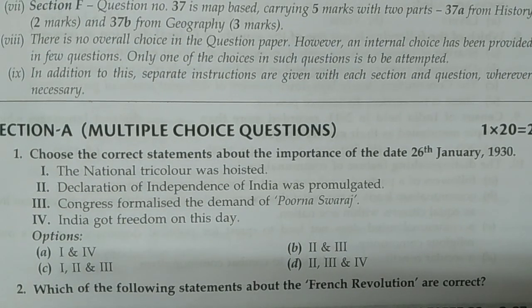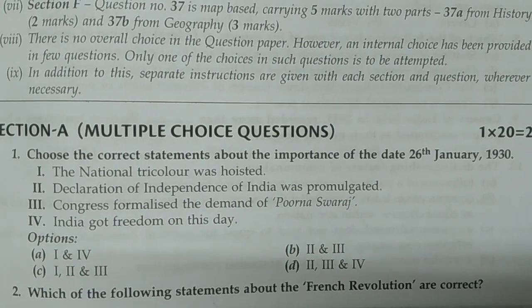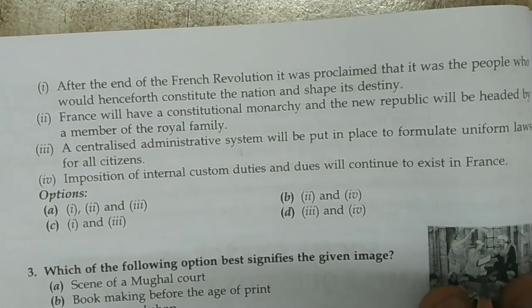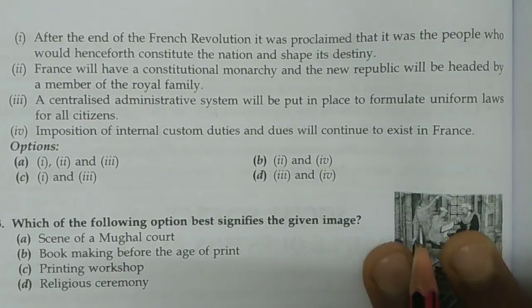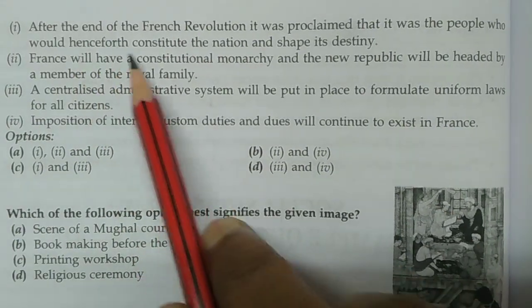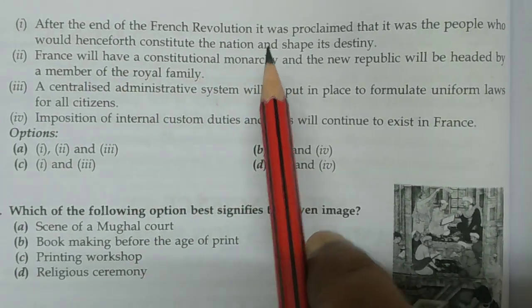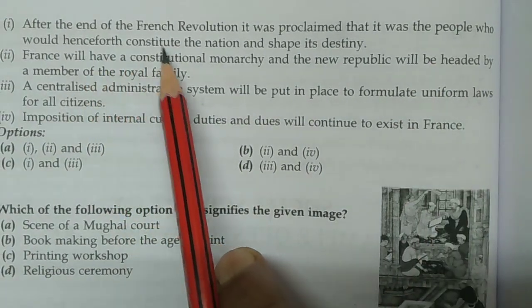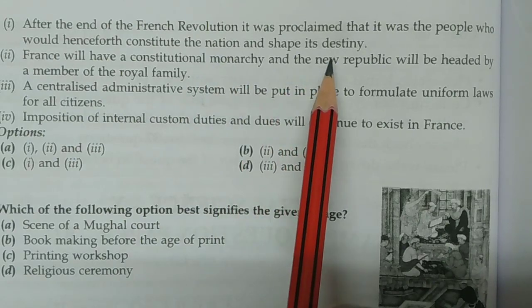And after that, the second question: which of the following statements about the French Revolution are correct? More questions are on the next page, so we can discuss all these things properly. See, there are 4 points given and then options. You need to get the exact answer. First, after the end of the French Revolution, it was proclaimed that it was the people who would henceforth frame the constitution of the nation and shape its destiny.